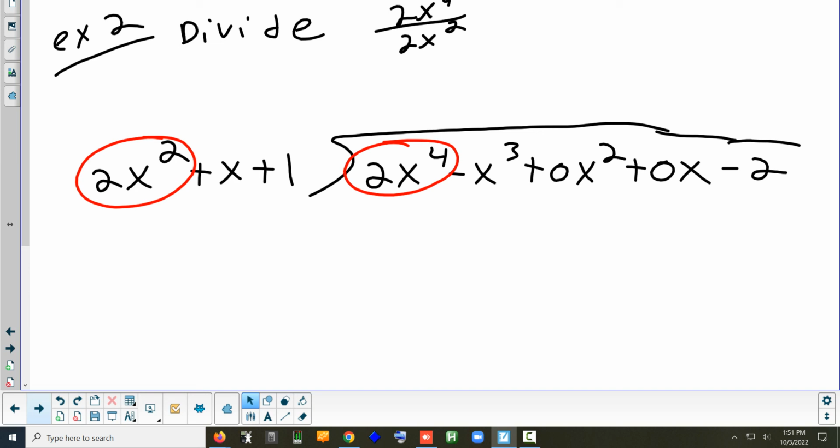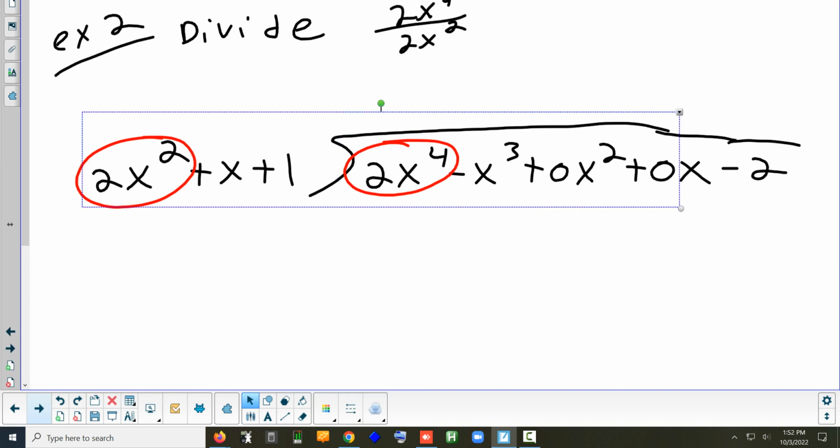So, Naisha, what do I get when I do 2x to the 4th divided by 2x squared?